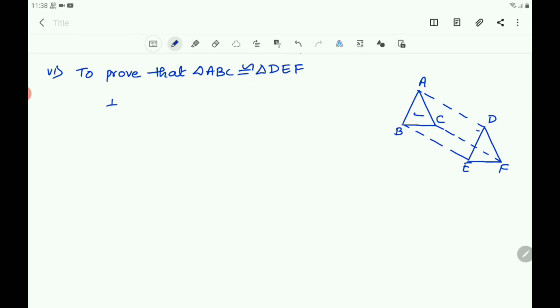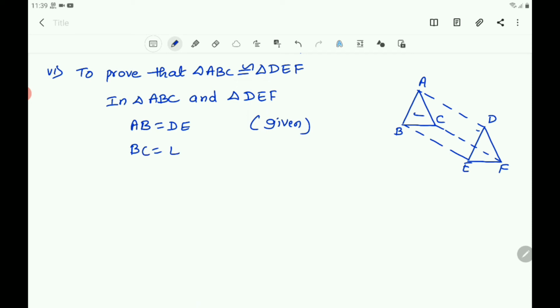In triangle ABC and triangle DEF, it is given that AB is equal to DE, and BC is equal to EF is also given.